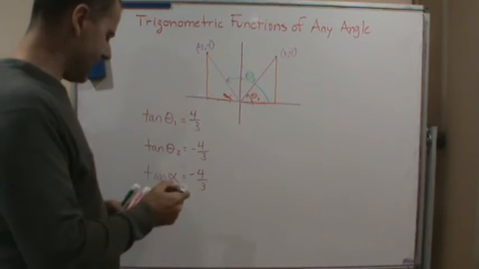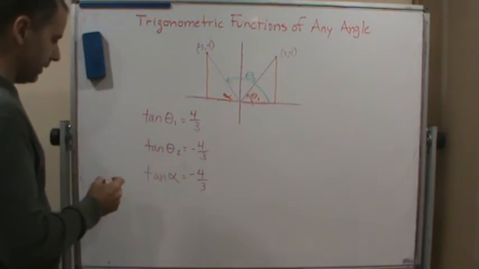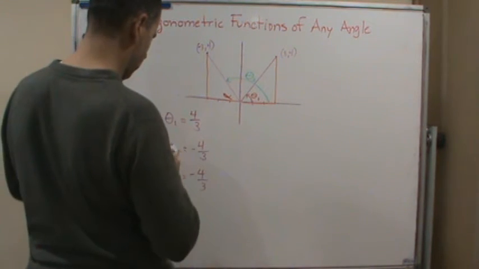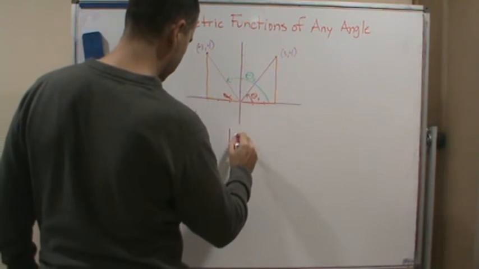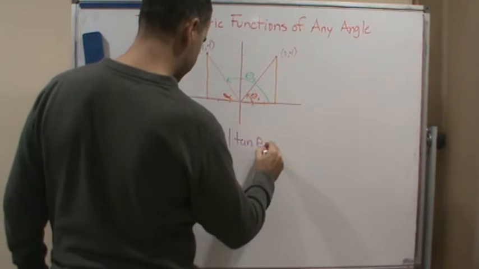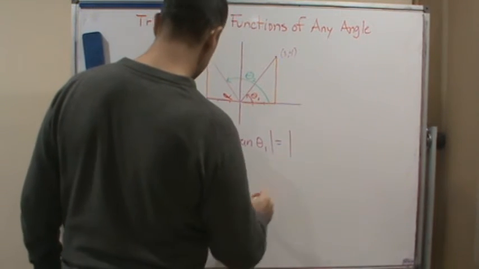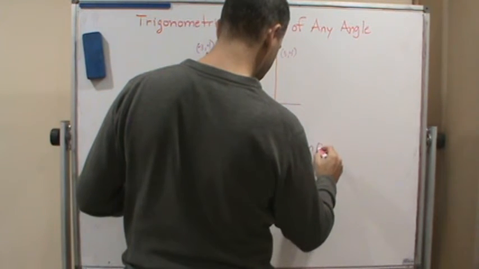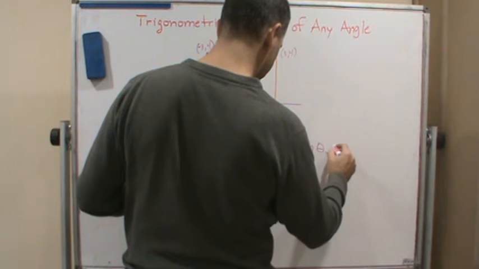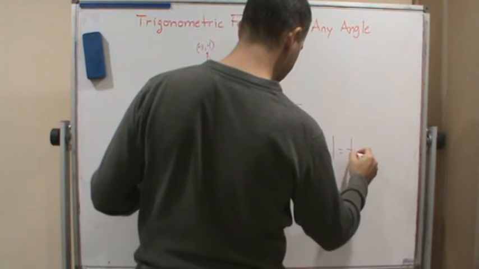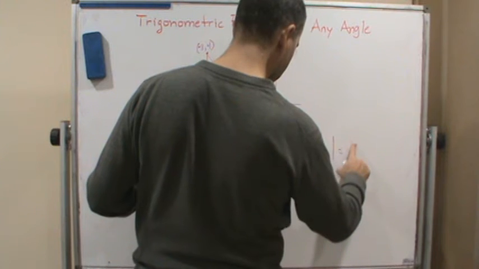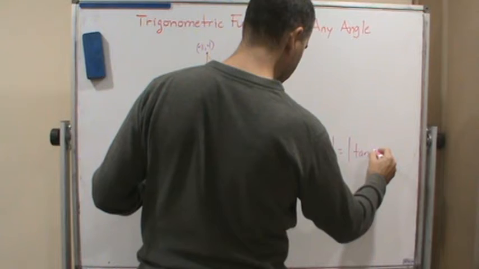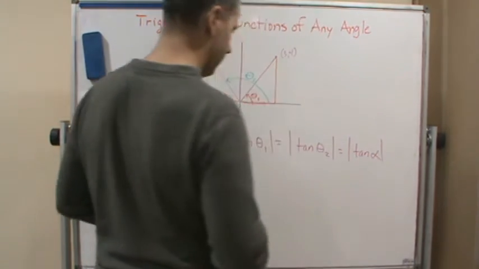So what we can see here is that if we take the absolute value of tangent theta 1, then that will be equal to the absolute value of tangent theta 2, which is equal to the absolute value of tangent of alpha.